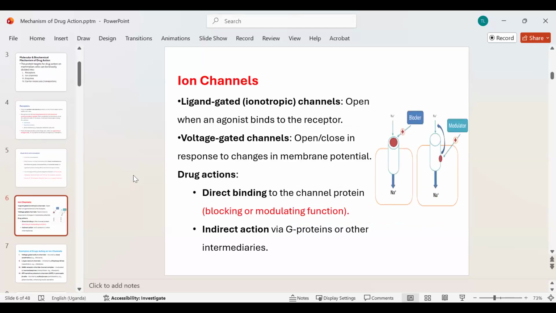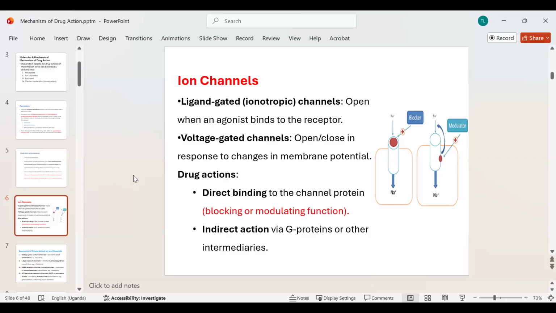That takes us to ion channels. These are also proteins. However, we normally say we have receptors that are linked to an ion channel. These are referred to as ligand-gated channels, or you'll find other books calling them ligand-gated receptors.